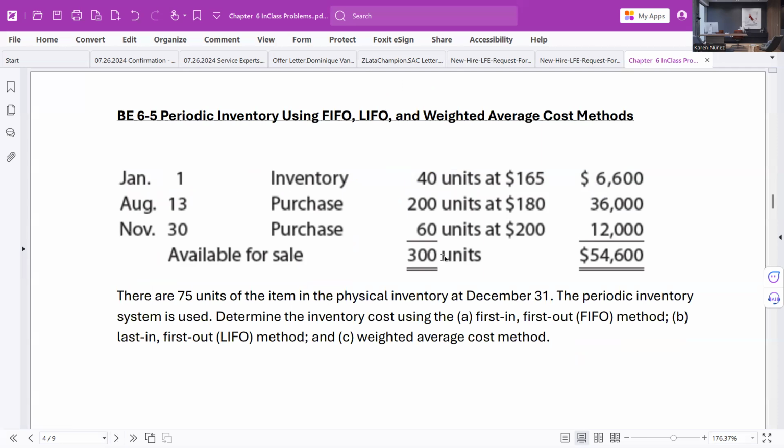And we're told at the end of the period, there are only 75 units left. And that's what we need to do, is determine the cost of that inventory. So we don't care about cost of goods sold in this exercise. We just want the ending inventory of 75 units.